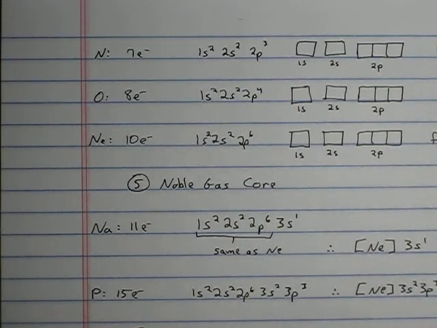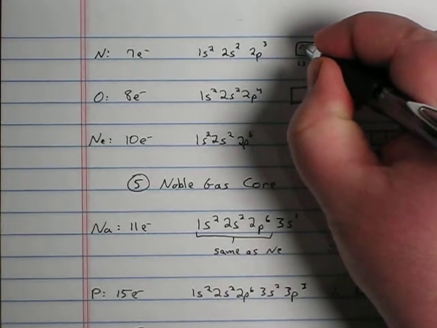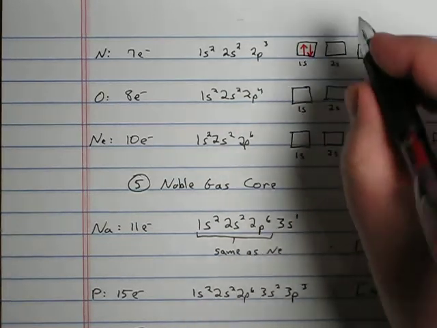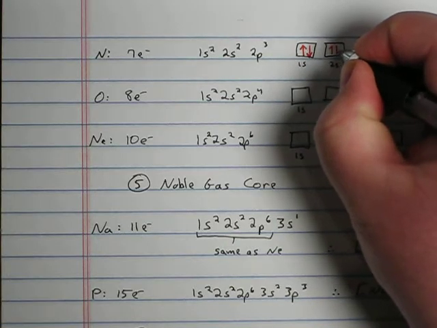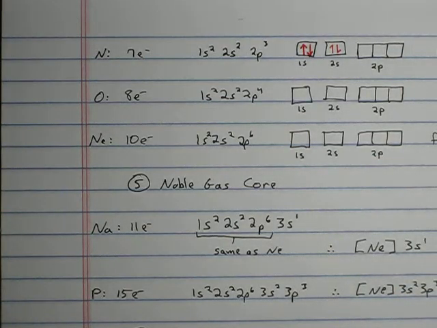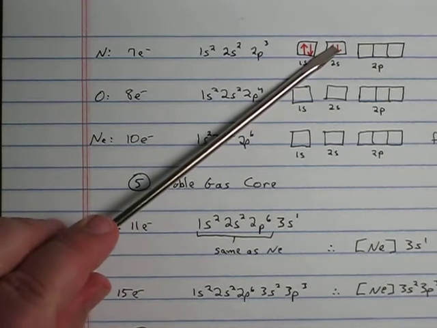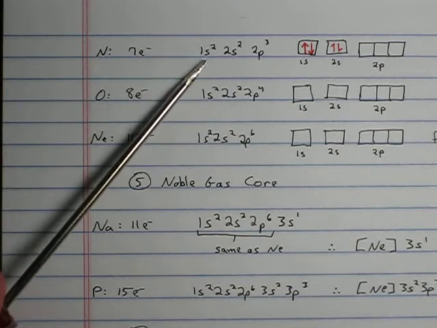So we've got 1s2, and we can draw those in there. And because it takes so long to draw both heads of the arrow, for the 2s2 I'm just going to do our shortcut way, where we don't have to draw the other side of the arrow. 1s2, 2s2, 2p3.